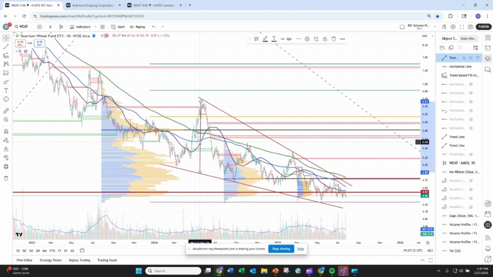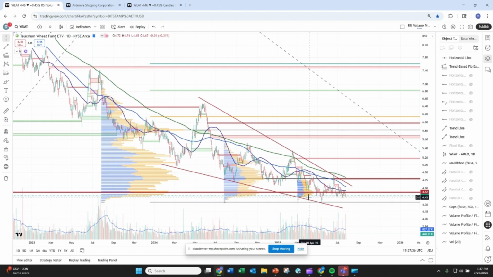You take that distance here where this triangle basically started. If we say this is the bottom, it puts us right here at the point of control, coincidentally, short-term point of control. So I'm thinking this $5.80 is a good short-term goal.